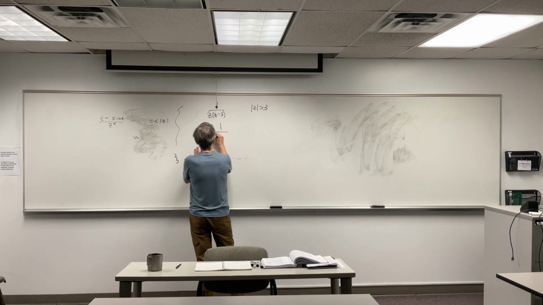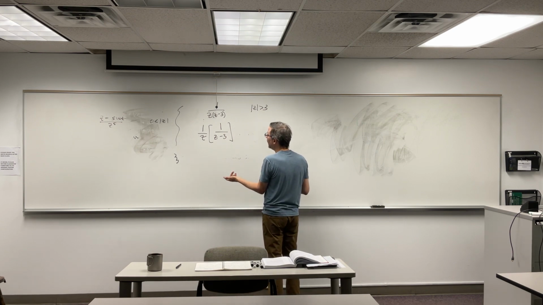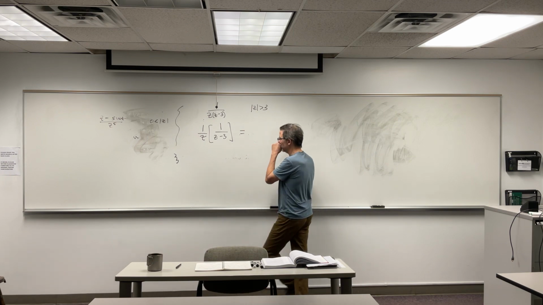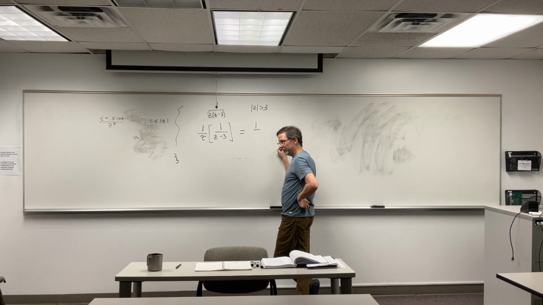And we got this thing right here. So now, where did you go next? I pulled out a 3 from the denominator. What would happen if we pulled out a z?